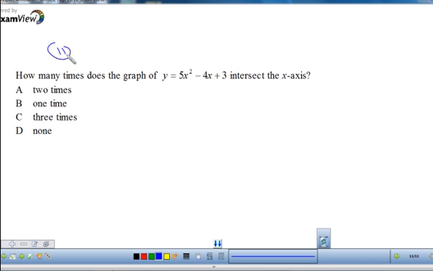Okay. 11 says, how many times does the graph of y equals 5x squared minus 4x plus 3 intersect the x-axis? For this one, I'm going to have to use the discriminant. So I need to find A, B, and C. So A is 5, B is -4, C is 3.